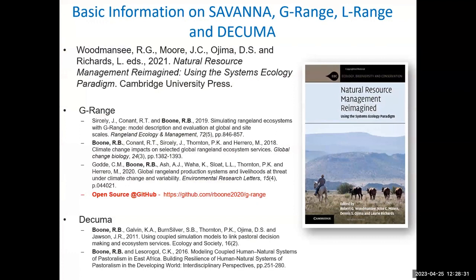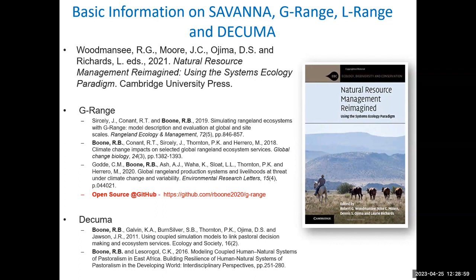Now, basic information on the G-range, SAVANNA, and DECUMA models. The best book on SAVANNA is a recently published one, Natural Resource Management Reimagined by Woodman, Seymour, Ojima, and Richards out of the Colorado State Natural Resource Ecology Laboratory. It's a great book and has everything they've been doing, and SAVANNA is within that world.